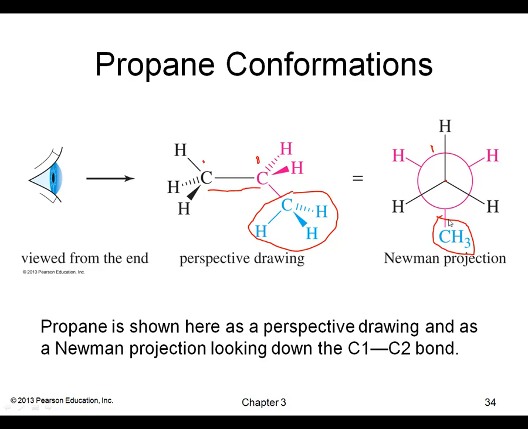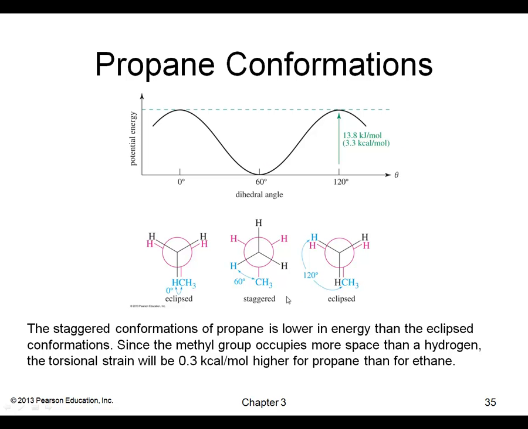And then we can continue and do our bond rotations. And so here they do that. They rotate between eclipsed and staggered. This time the energy difference is just a little bit higher at 3.3 kcals because I got a bigger group here, a CH3.